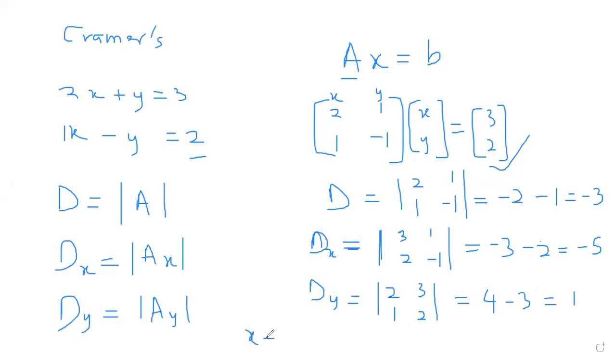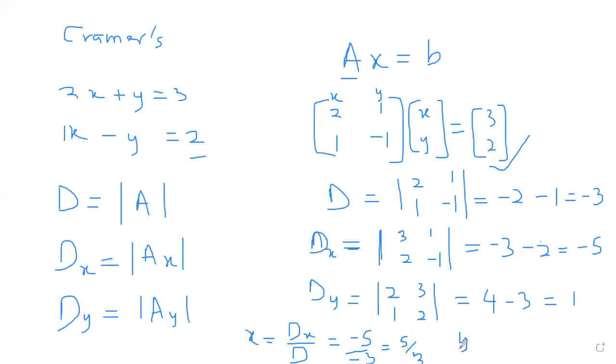Our x is just given by dx, the determinant of Ax, over d, the determinant of the original matrix. So that will be what? Negative 5 over negative 3, which is 5 over 3. Okay, so it means that x is 5 over 3, which is 1.333.